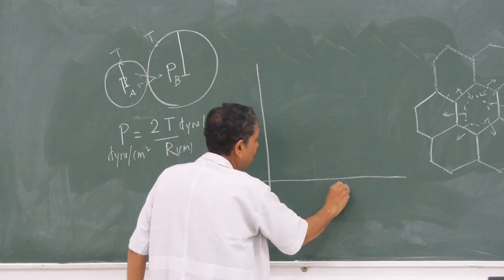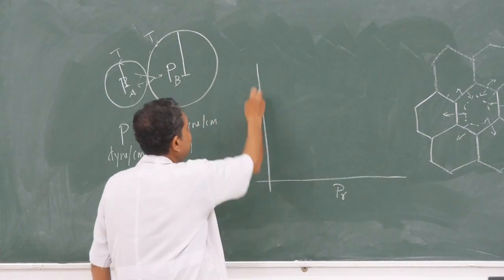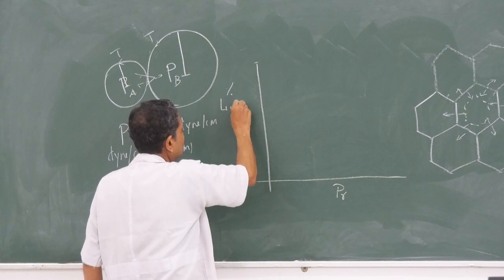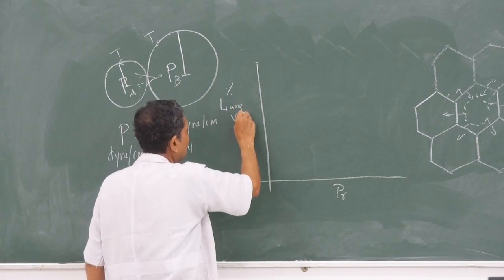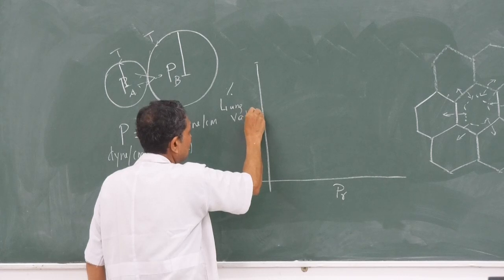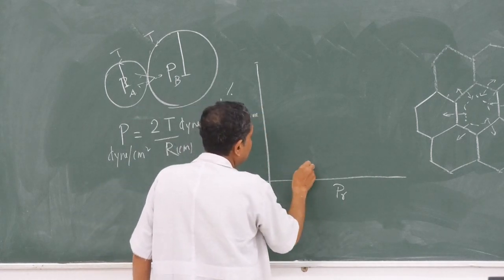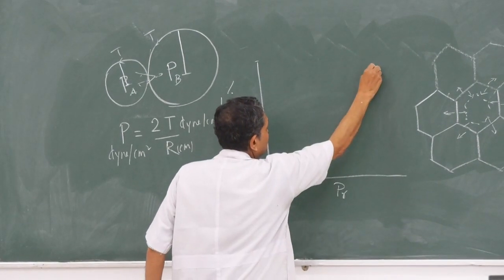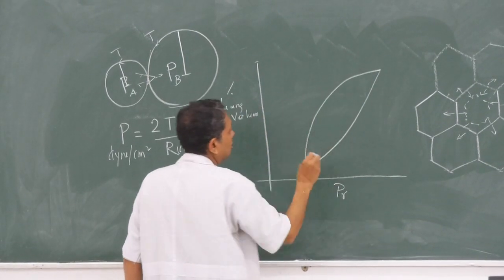This shows the intramural pressure against the lung volume, as a percentage of lung volume. So initially with air you will get this type of figure.